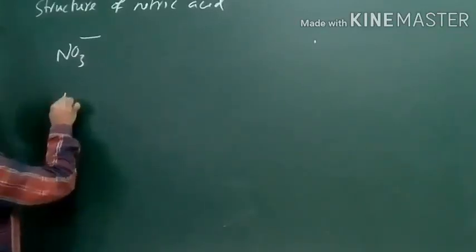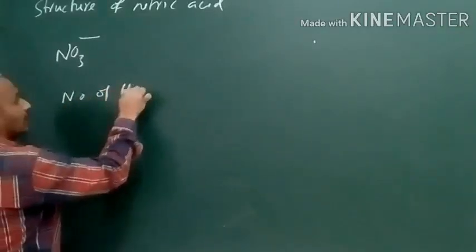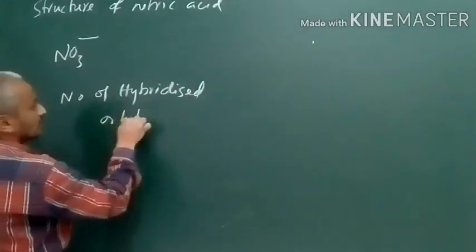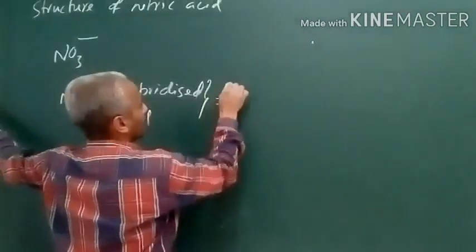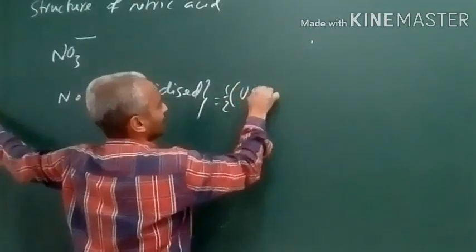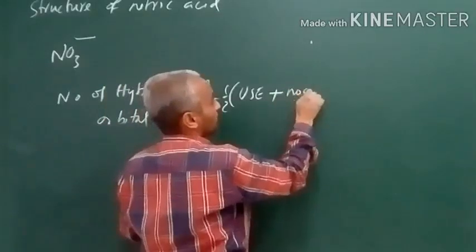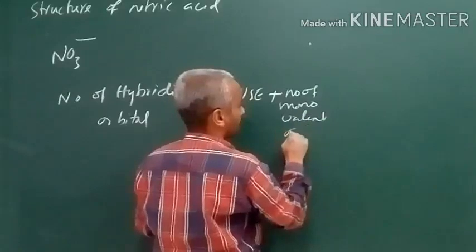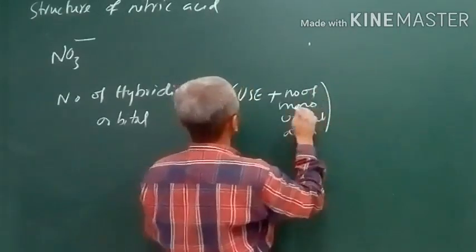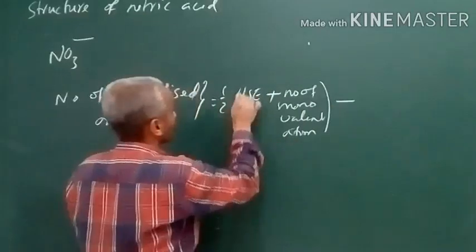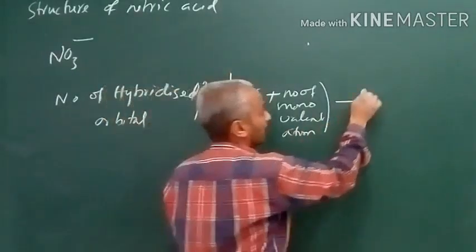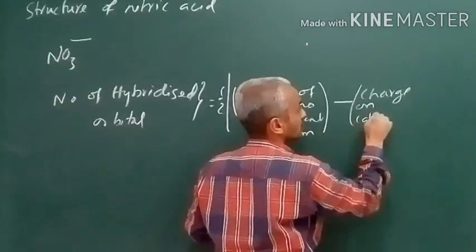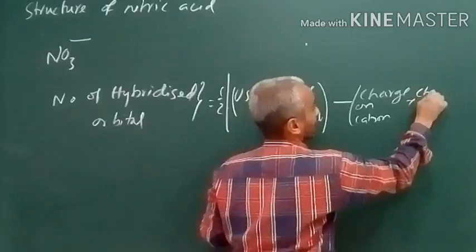The number of hybridized orbitals is equal to half into valence electrons plus number of monovalent atoms, minus the charge on the cation plus the charge on the anion.